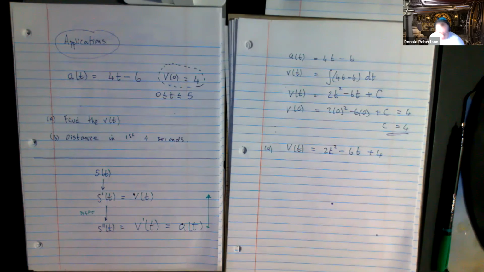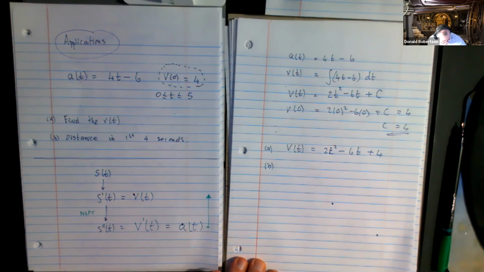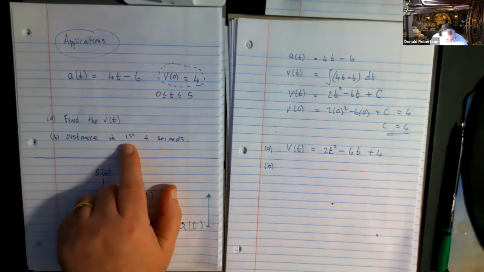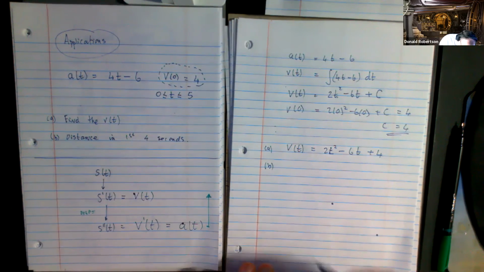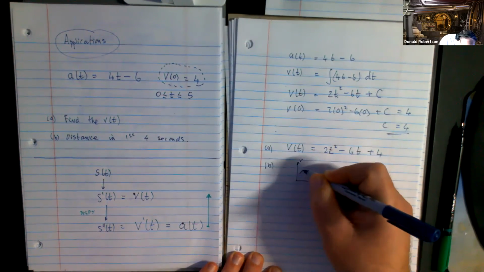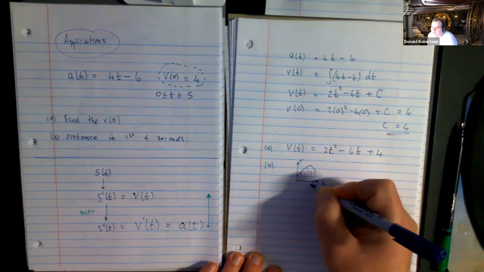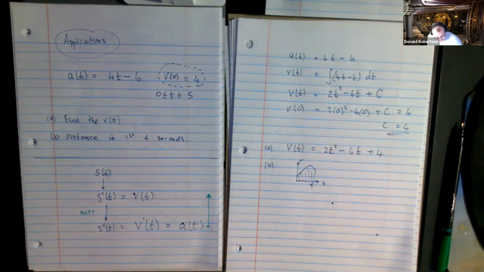Isn't that cool? Now, question B asks us to find the distance in the first 4 seconds. Well, you know, if you take a velocity time thing, isn't the area underneath the distance traveled?